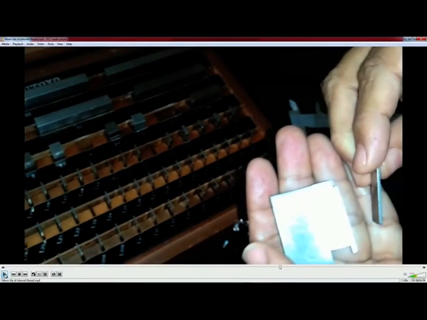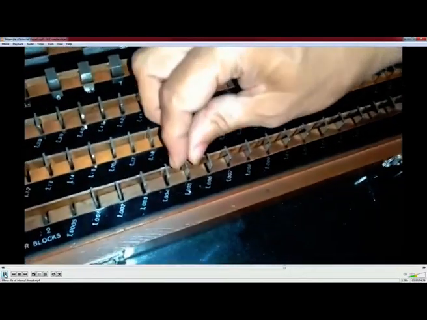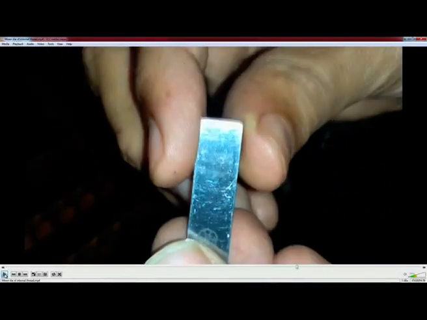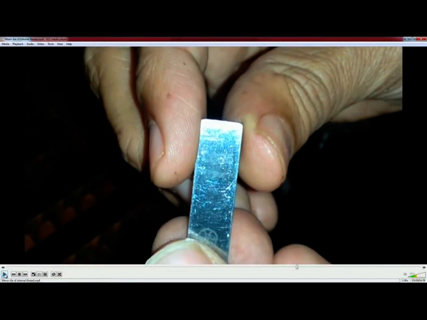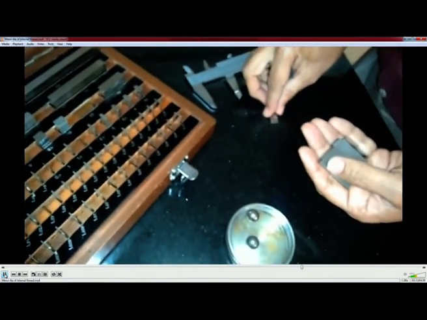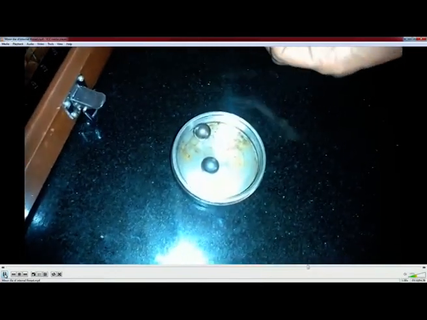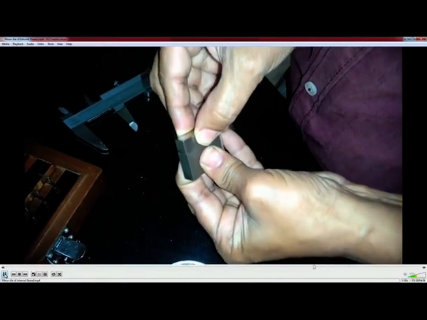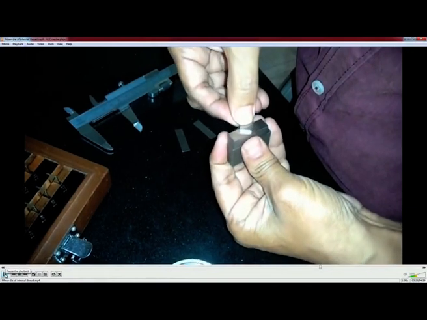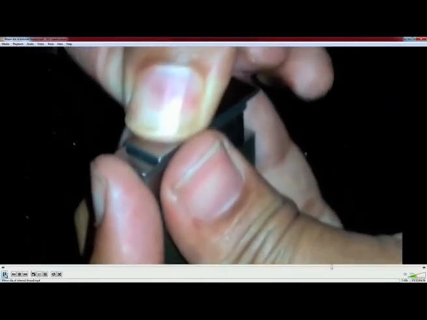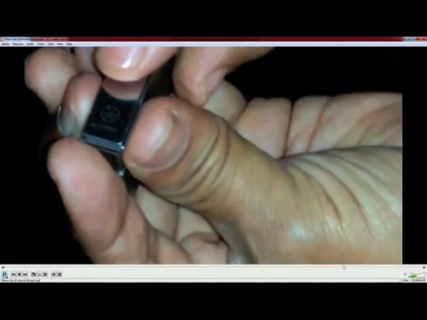I am taking a 20 millimeter slip gauge, a 9 millimeter slip gauge, and then 1.006, 1.005 millimeter slip gauge, which I am ringing, and then a 1.23 millimeter slip gauge, and finally a 1.006 millimeter slip gauge.